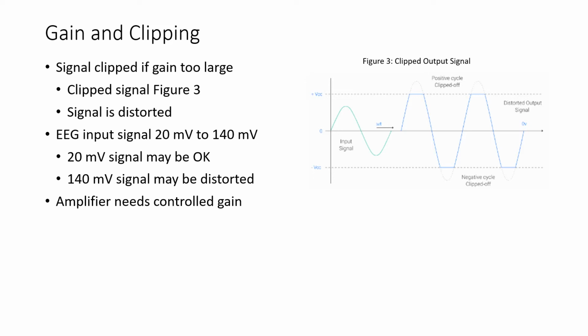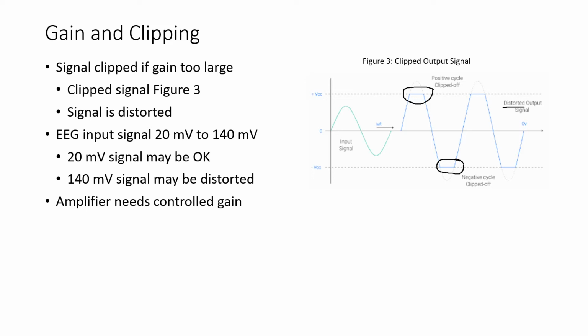You can see in Figure 3 that at this point right here, the positive peak of the output signal is clipped off, and of course also the negative peak of the output signal is clipped off. This is what we refer to as a distorted signal. Distortion is the case when the output signal is not an exact reproduction of the input signal.